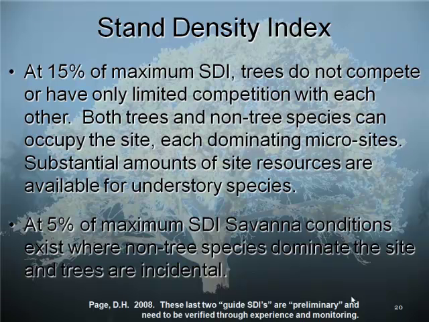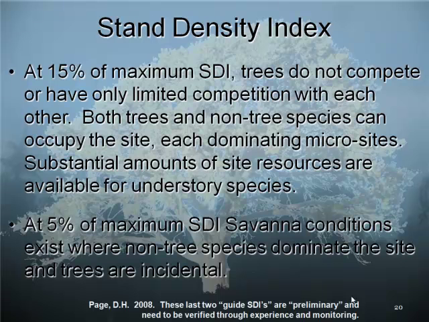Okay, at 15% of SDI, if the trees are all spaced out nice and neat, trees really don't compete a whole lot with each other, and they leave a substantial amount of resources available for other species, whether it be grasses, forbs, or shrubs.